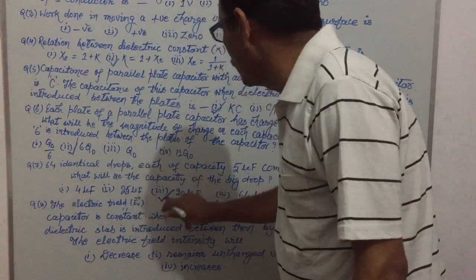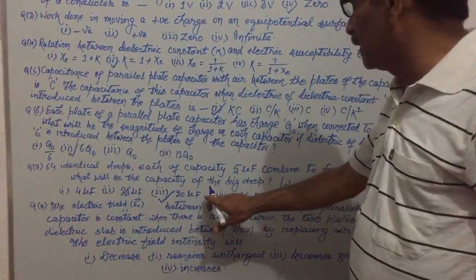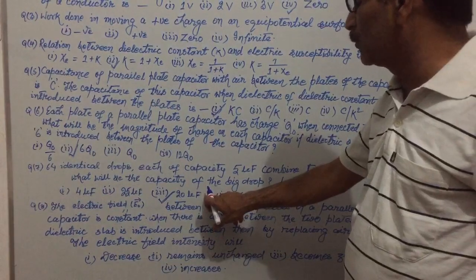So the correct option is third, that is the answer of bigger drop, the capacity of bigger drop, it will be equal to 20 microfarad.